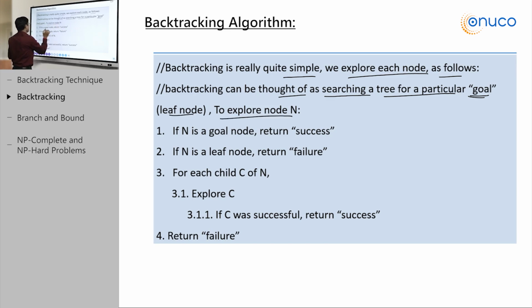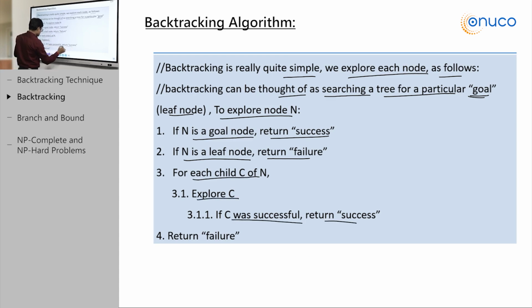We explore node n. If n is a goal node, then return success. If n is a leaf node, return failure. Remember that if n is a goal node, we write success. Otherwise, we say failure, or we can say dead end. For each child C of n, explore C such that if C was successful, return success.